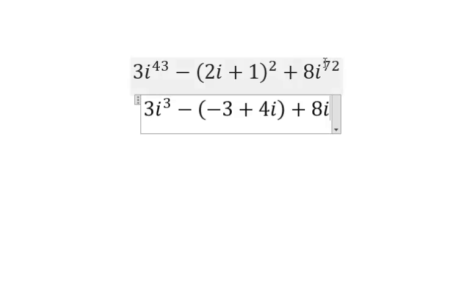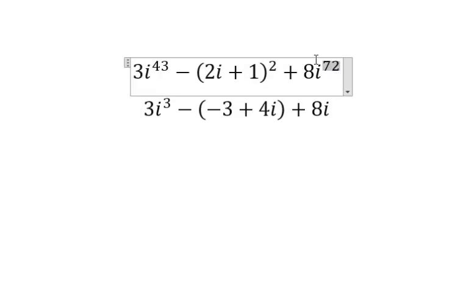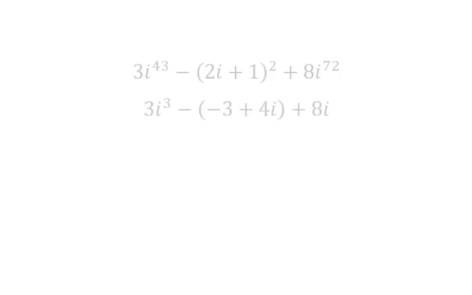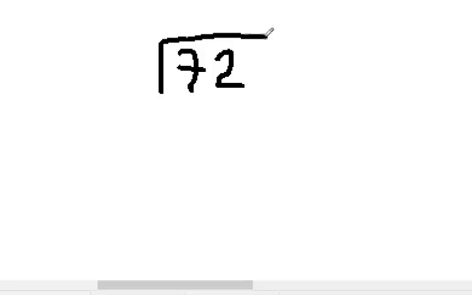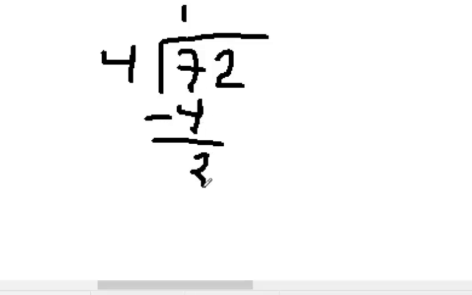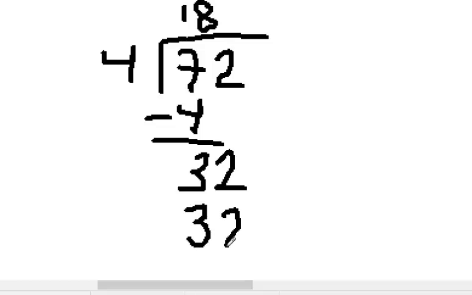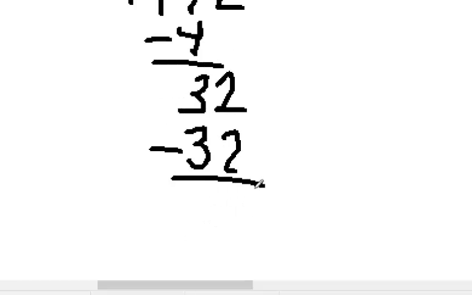8i raised to, remember that when we have a huge exponent, we're going to divide it by 4 and see what's the remainder, okay? So we're going to divide 72 by 4. Okay, so this is 1, will be 4, 7 minus 4 will be 3, I copy the number 2, and 32 divided by 4 will be 8. 8 times 4 is 32, I subtract, and I will get 0.